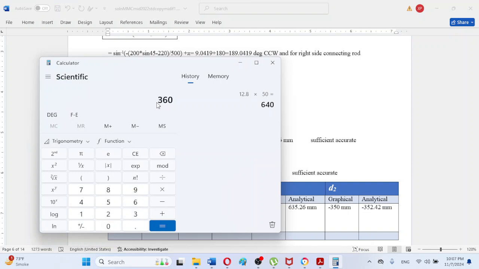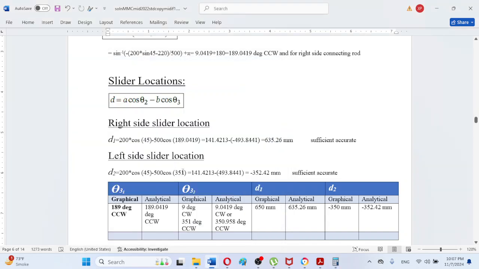So 360 minus 9.0419, which is equal to 350.9581.